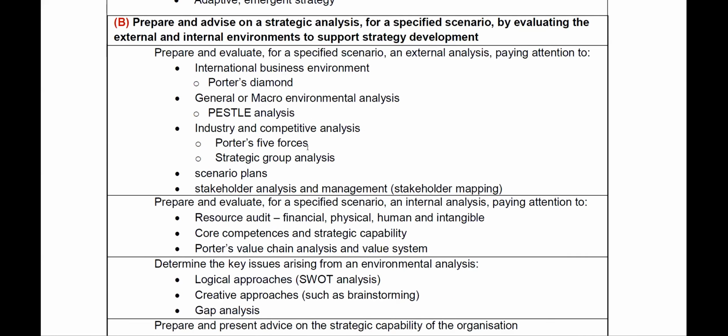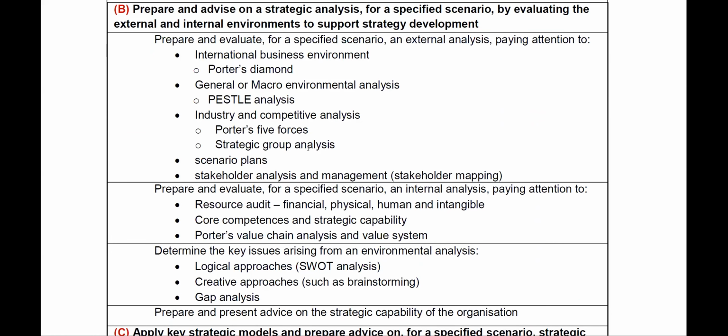Okay, fine. So we go to the B part of the syllabus, which says we should prepare and advise on a strategic analysis for a specified scenario. That means there'll be a scenario by evaluating the external and internal environments to support strategy development. To support what? Strategy development. That means that you must be able to evaluate the situation or scan the environment to support the development of our strategy.